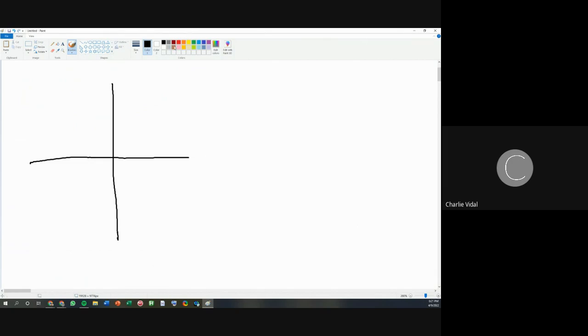So let's say you have a point on the graph. It's on this axis, the x-axis. It's just going to point to 180 degrees. It's going to have a line that points to 180 degrees, and that's pretty much it.